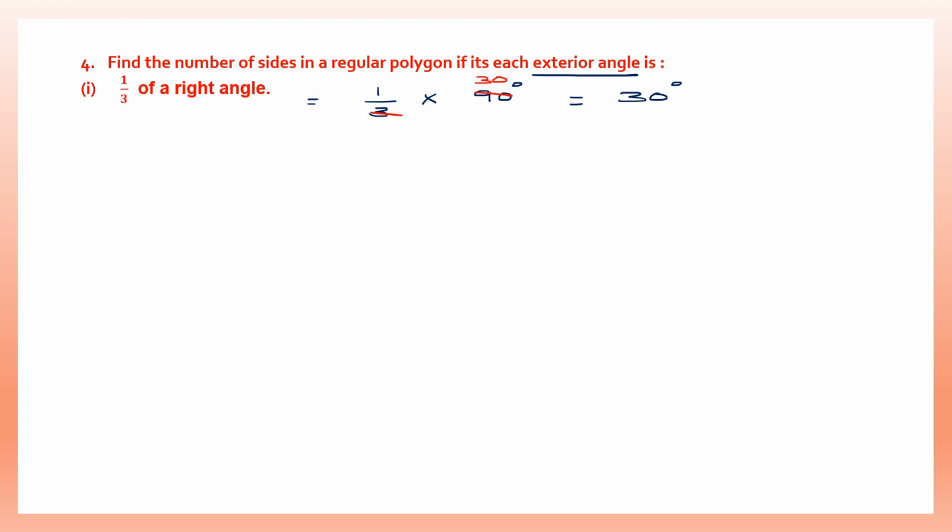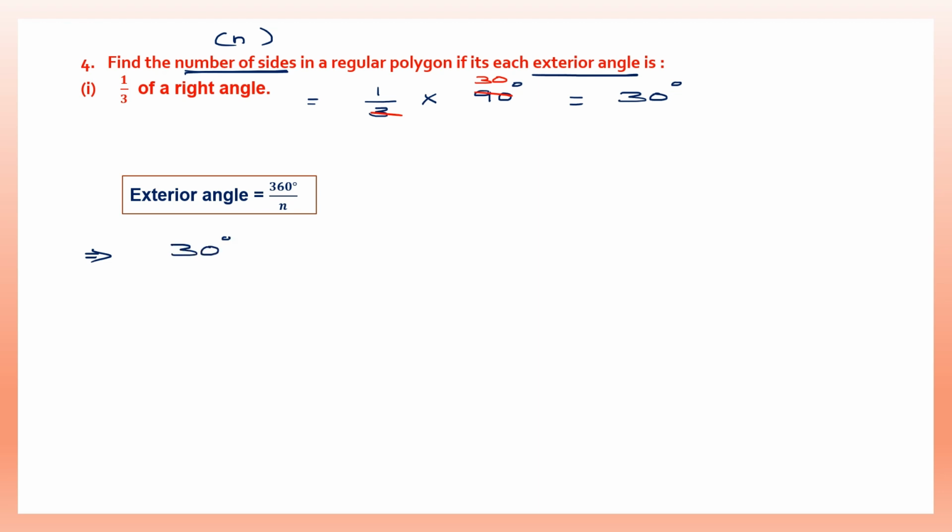Now we have a formula. If the exterior angle is given, to find the number of sides, this is the formula. Exterior angle is equal to 360 degrees by n. And what is n? n is the number of sides. So let's use this formula. Exterior angle is 30 degrees, and this is 360 degrees by n.